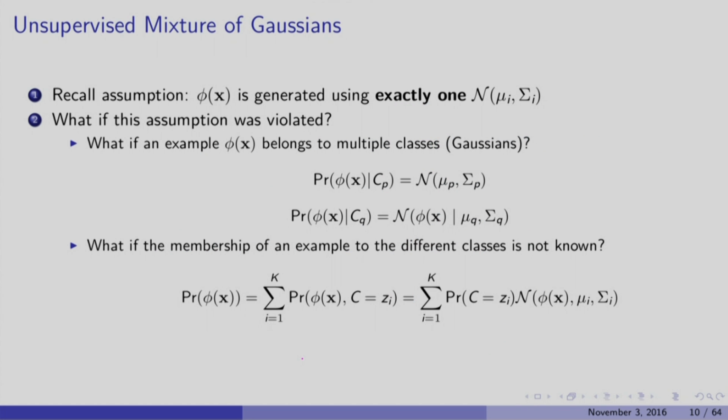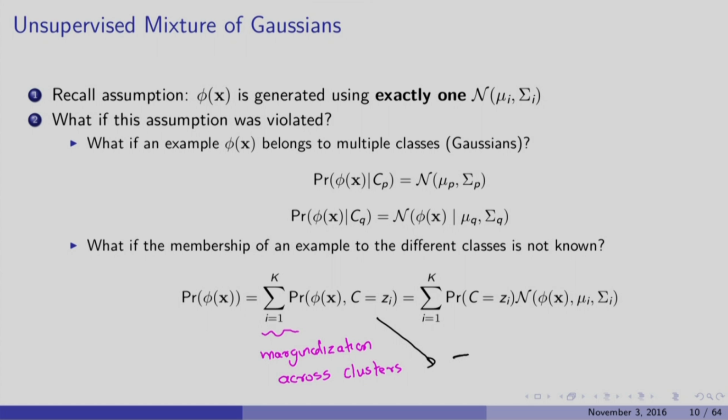So in the case that the membership of an example to different classes is unknown, we could actually look at the probability of a point as the probability of the point comma the class pair, but marginalized across all classes. Now we will refer to these classes as clusters because the labels are not to be provided. One could of course simplify this expression.